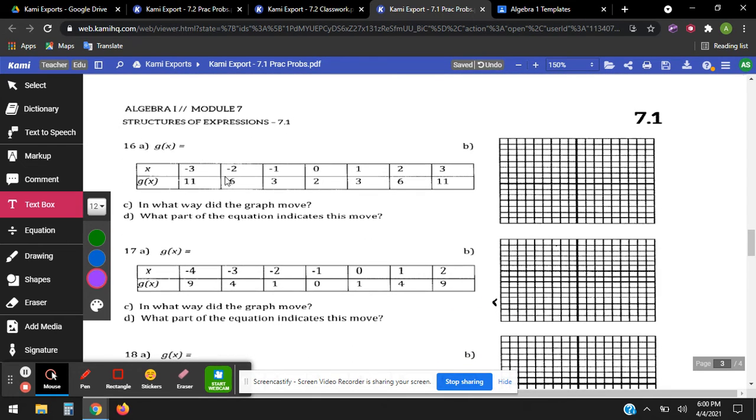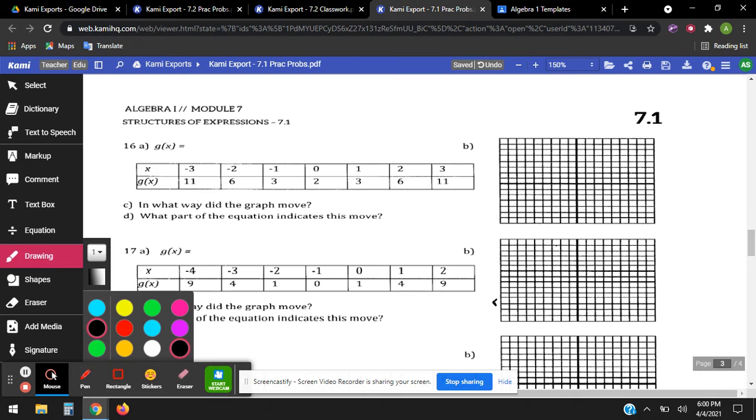Okay, so let's look at these next ones. So here, I've got -3, 11, -2, 6. Again, let's just go ahead and jump to the graph so we can kind of see what this looks like. So -3, 11. I'm going to actually move down. I'm going to do my x-axis right here. It's kind of hard to see on this little guy anyway. Okay, so -3, 11. 1, 2, 3, 4, 5, 6, 7, 8, 9, 10, 11. Oh, look at that.